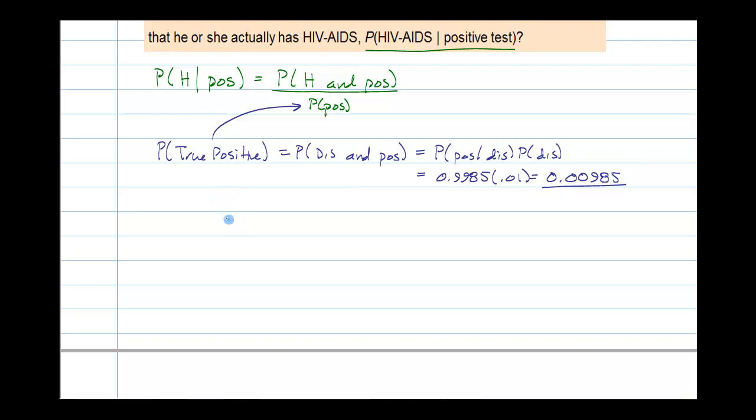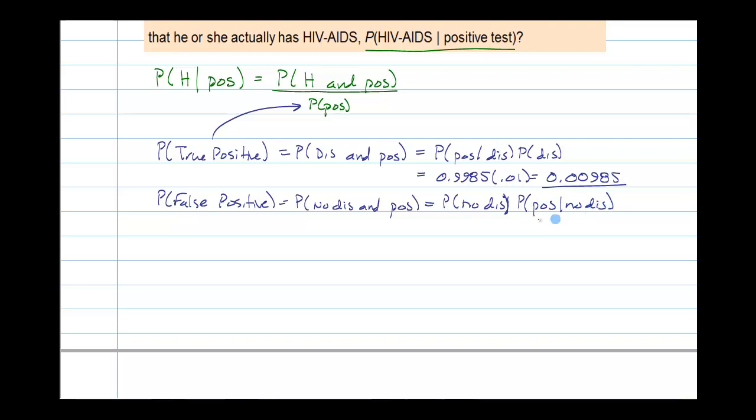Okay, now the next thing we want to look at is the probability of a false positive. A false positive would occur if we have no disease and there's a positive test result. So this would be the probability of no disease times the probability of a positive test result given no disease.